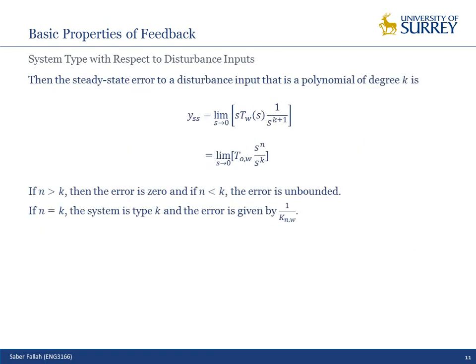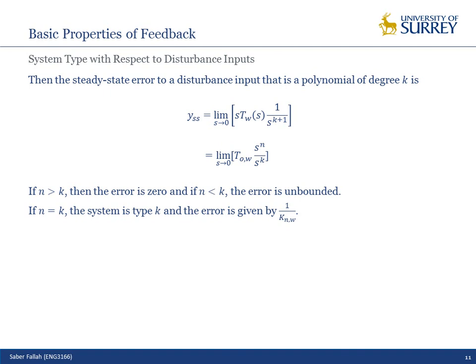As I said, if n is equal to k, the system type is k, and the error is given by a non-zero constant. For example, if n is 1, k is 1, I have a non-zero constant steady-state response, which means the system type is 1.